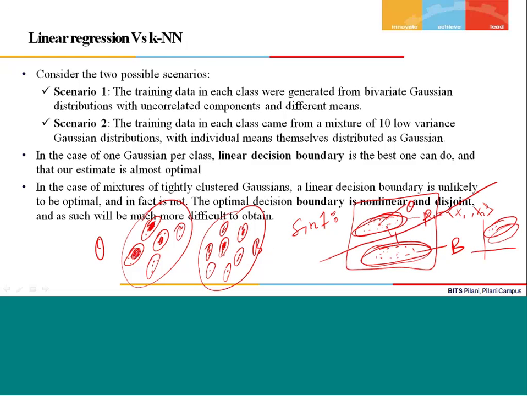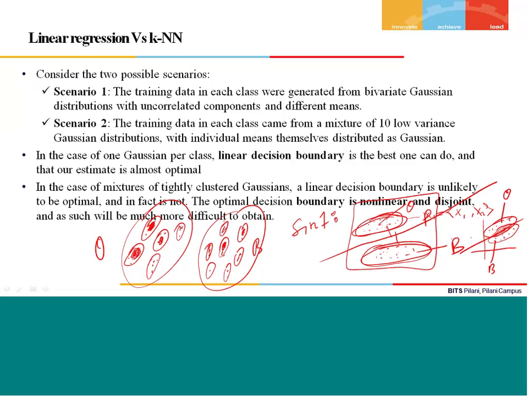So this is generating some orange points and this is generating some blue points, lower one. This is the area where we have a maximum error. But if we want to classify them using a linear boundary, the best line that I can draw from here to here is this. Still I can find the optimal line which classifies them.